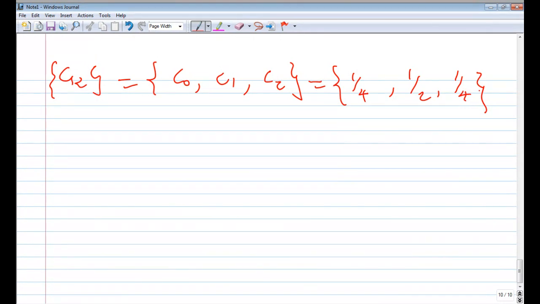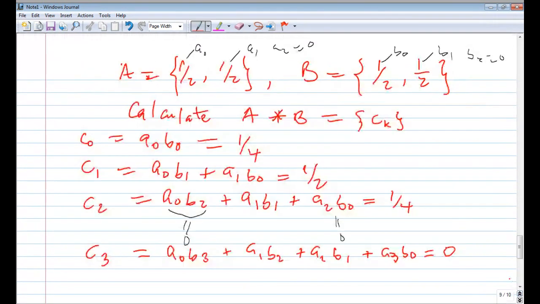But let me highlight something here. Can you see this process is too long? You calculate C0, C1, C2, C3, then go to C4, C5, and so on. The problem is you don't know how many C's you are going to have, so it will be time consuming.